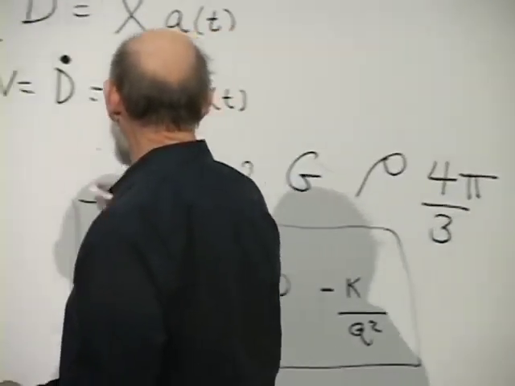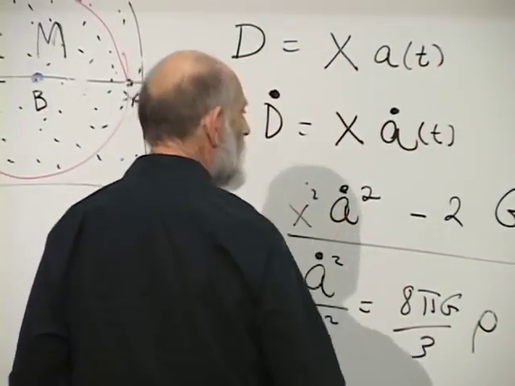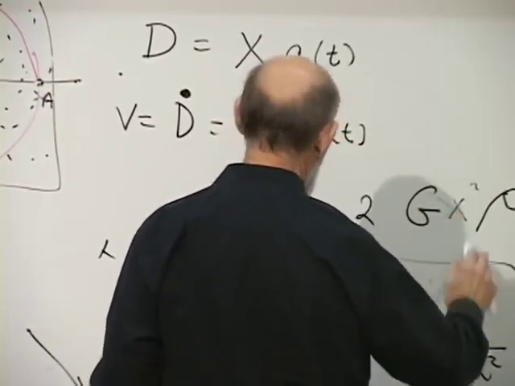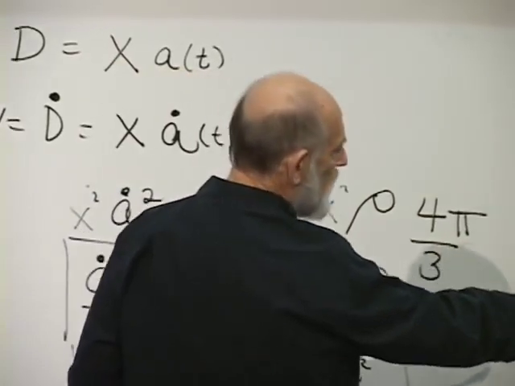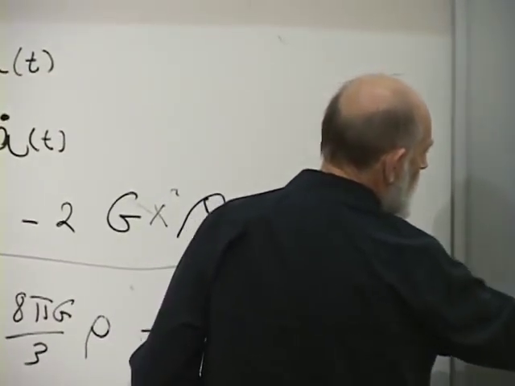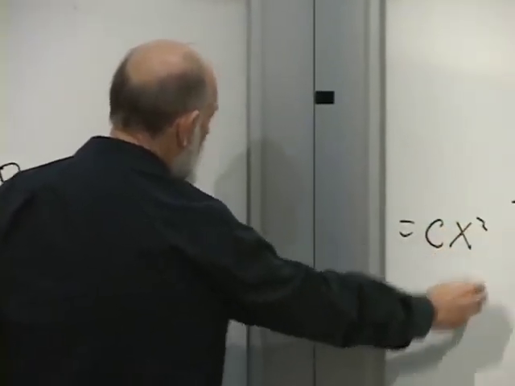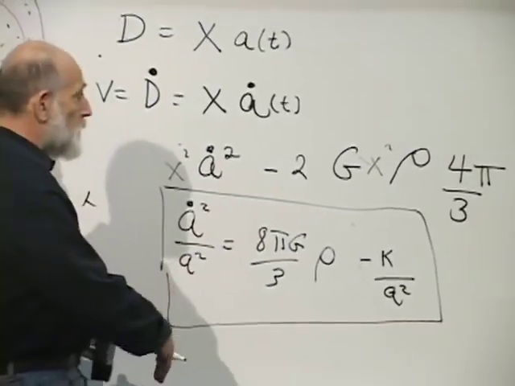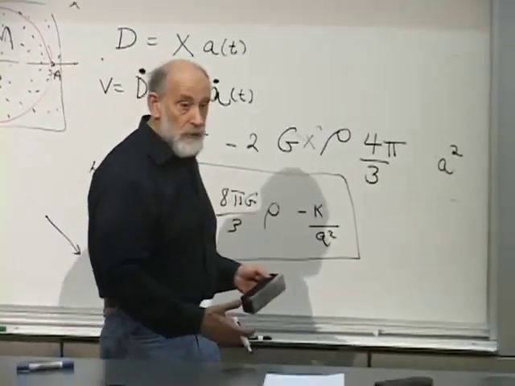Dividing by x squared. And also the other term, which I've erased off here, the constant term, I said has to be proportional to x squared if the equations are to make sense. If the left-hand side is proportional to x squared, the right-hand side must also.